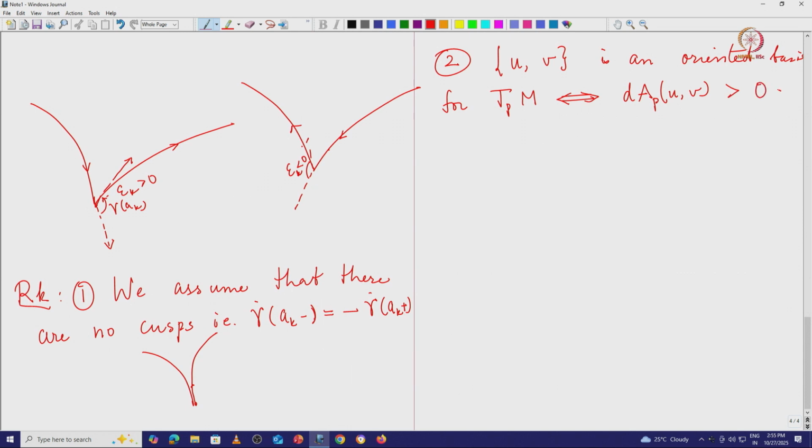So a way to check whether you have an oriented basis or not is to just evaluate the area form on it.